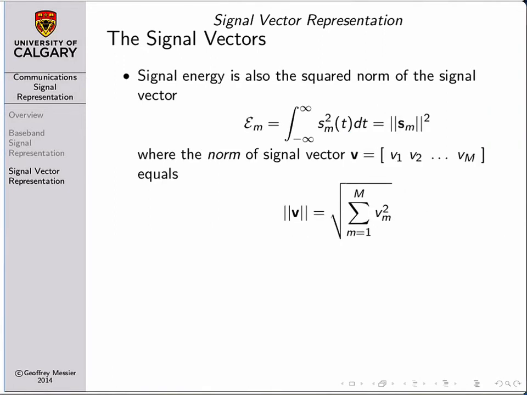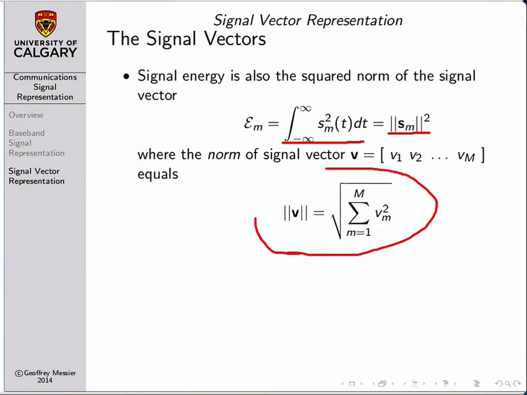One of the nice features of signal vectors is that it makes determining the energy of a signal very easy. The energy of the mth modulated signal can obviously be calculated by squaring and integrating, but it's also equal to the squared norm of the signal vector. And the norm of a vector is defined here.